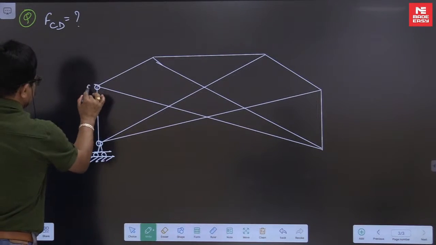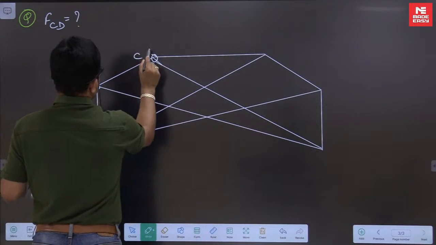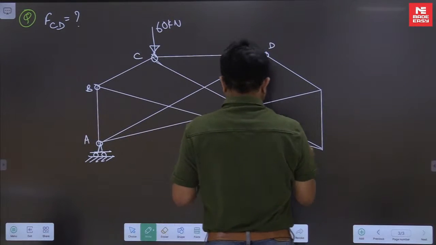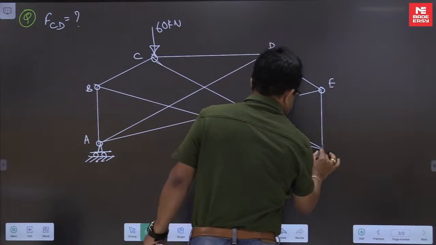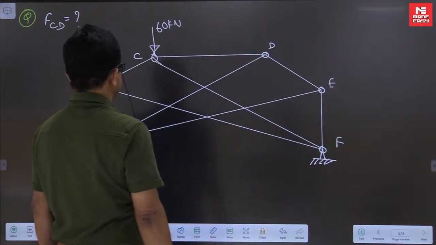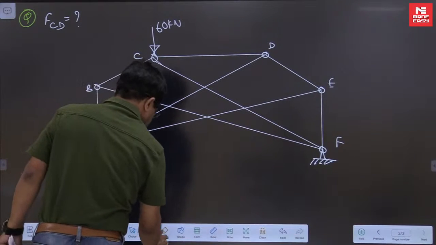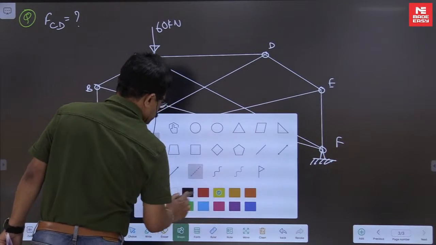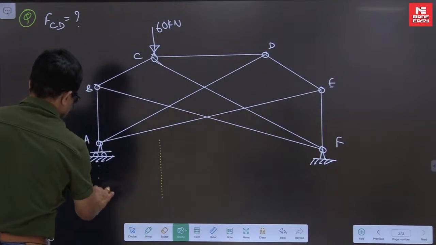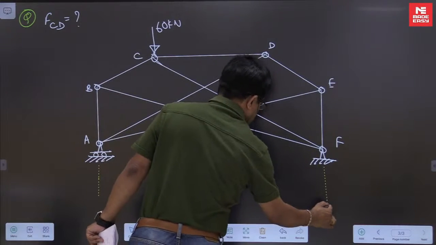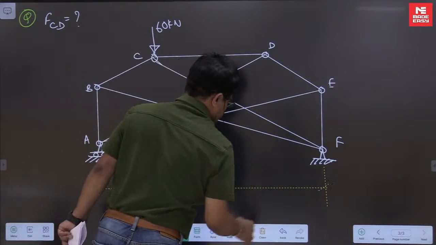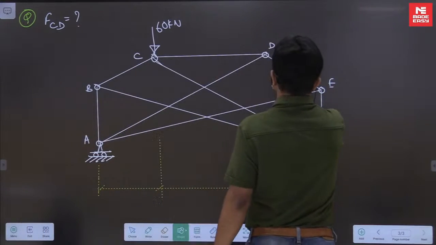This is B. This is C, where you are applying a load of say 60 kilonewton. This is D, E, and this is F. This is our problem. These are the distances. They have to give us these distances, and here also these distances.